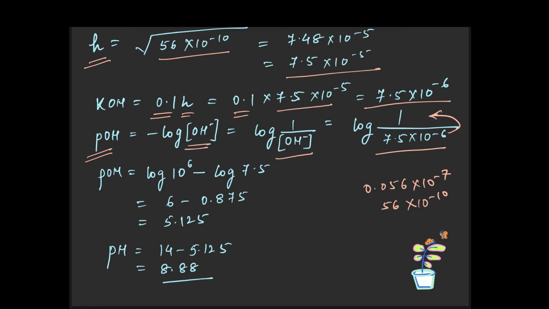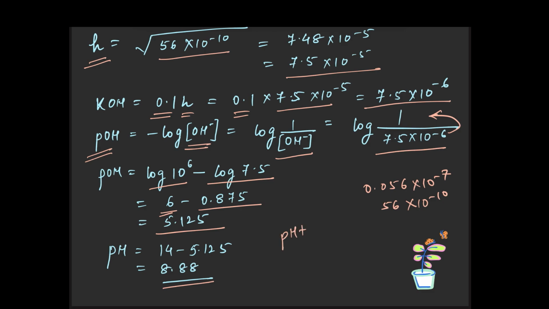So pOH will be log 10^6 minus log 7.5. Log 10^6 is 6, and log 7.5 is 0.875. Solving, pOH is equal to 5.125. So pH will be equal to 14 minus 5.125, which is equal to 8.88.